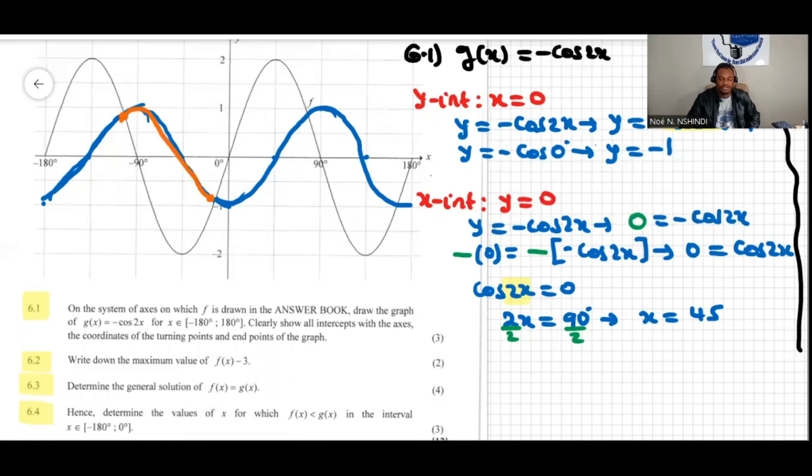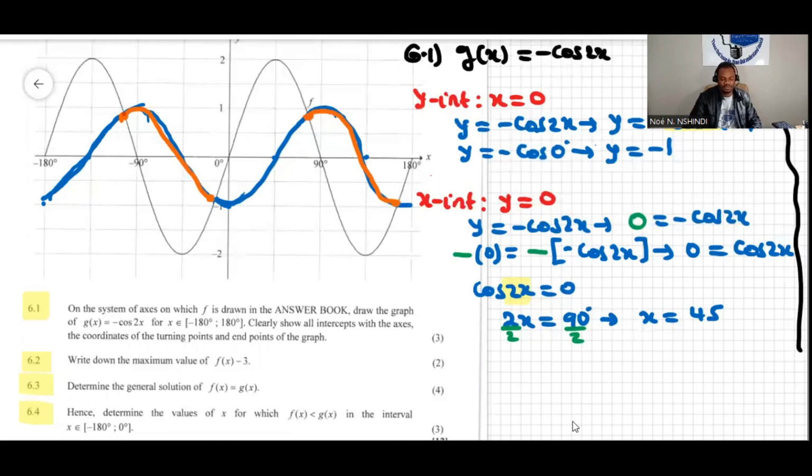And also in this interval. So here, as you notice, f of x is smaller than g of x. I guess you see the interval.